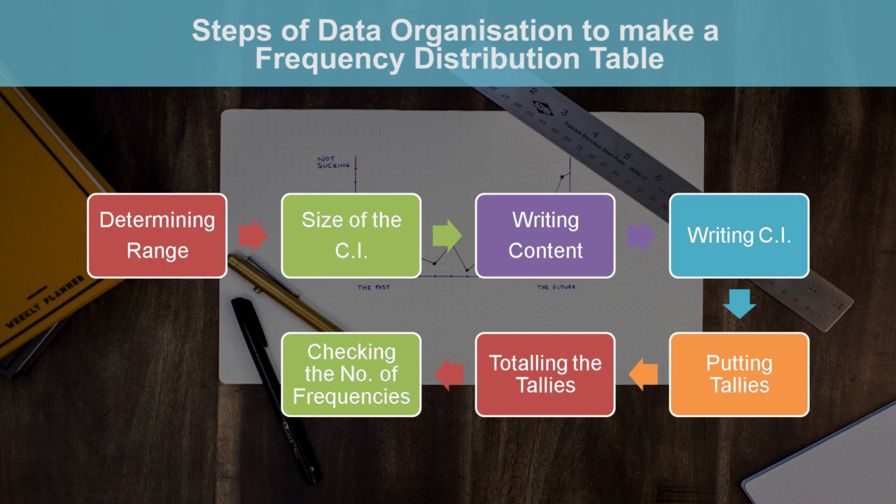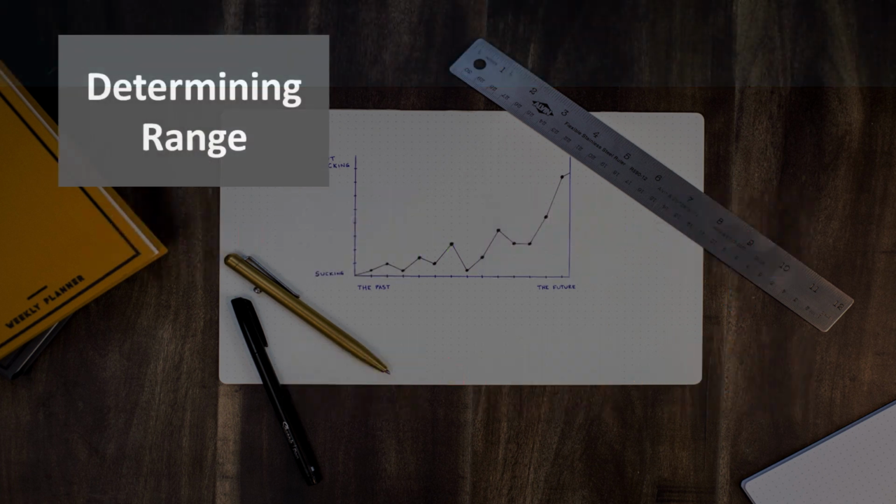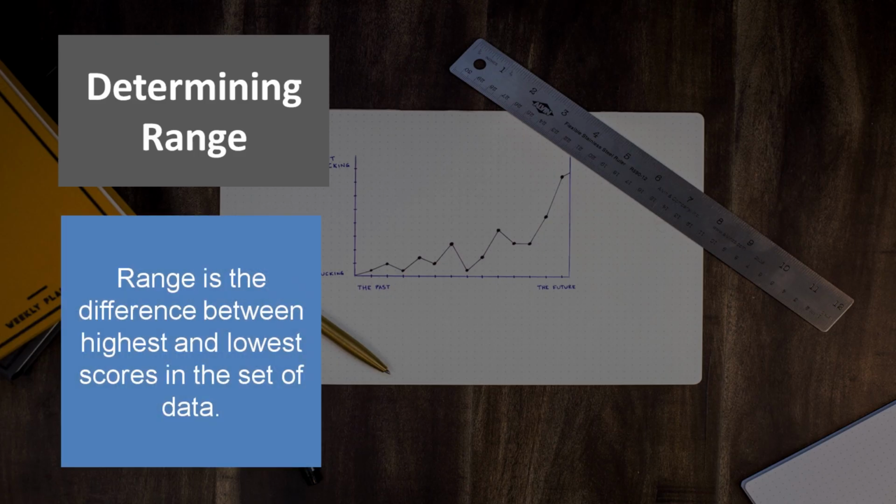Let us go forward to understand how you can prepare a frequency distribution table by using these 7 steps. Here you see the first step is determining the range. Range is the difference between the highest and lowest score in the set of data.